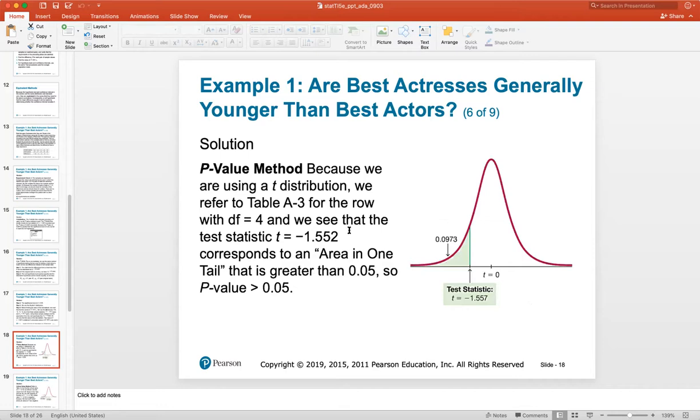Okay, now the p-value, using the p-value method. Because we are using the t distribution, we figured out the p-value. That was 0.0973. Since the original claim is mu sub d is less than 0, you apply the left tail test. So alpha is 0.05. What is alpha?